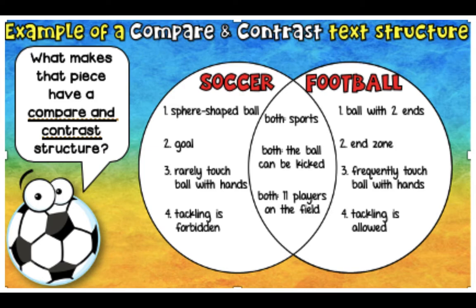Number two, they have an end zone, not a goal. Number three, frequently touches the ball with their hands. Number four, tackling is allowed. What is common or what is the same about them? They both are sports, they both have a ball that can be kicked, and both have 11 players on the field.